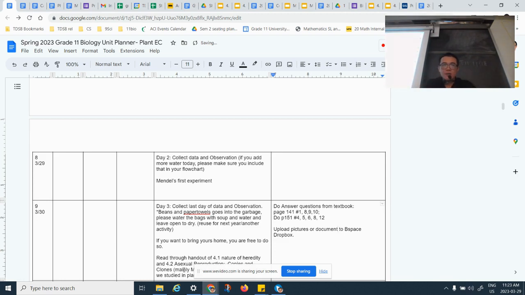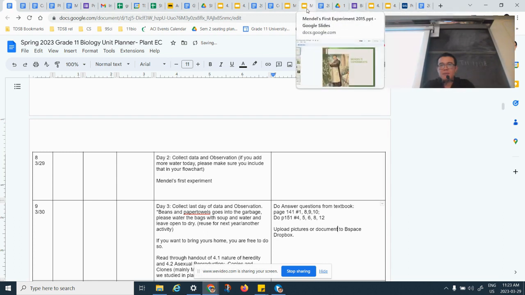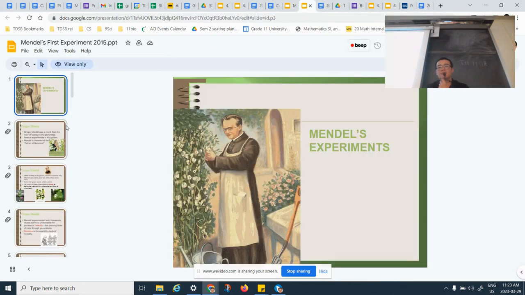Now, one thing about today, the main point about Mendel's experiment in this lesson is that we briefly learn about what he did, because in some ways he was experimenting on plants and we just came from a plants unit. So in some ways it's a good segue. Another thing is you learn a lot of terminology and conventions in this new unit: new definitions, new terms.